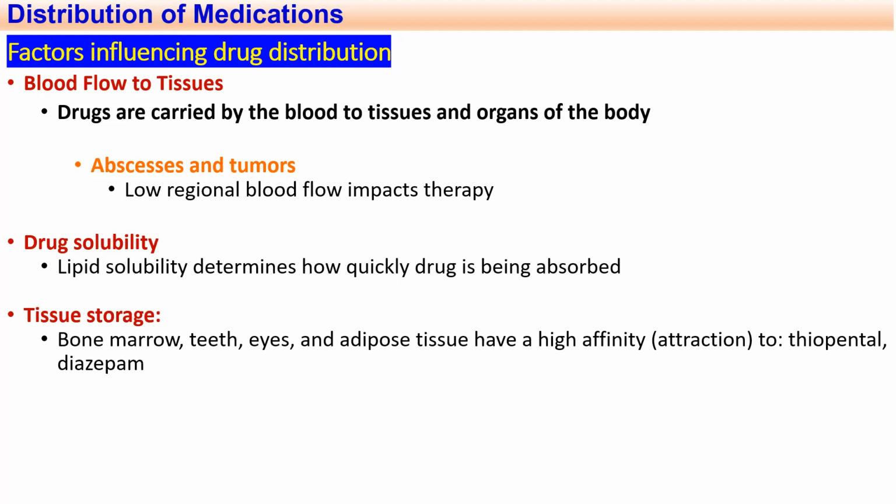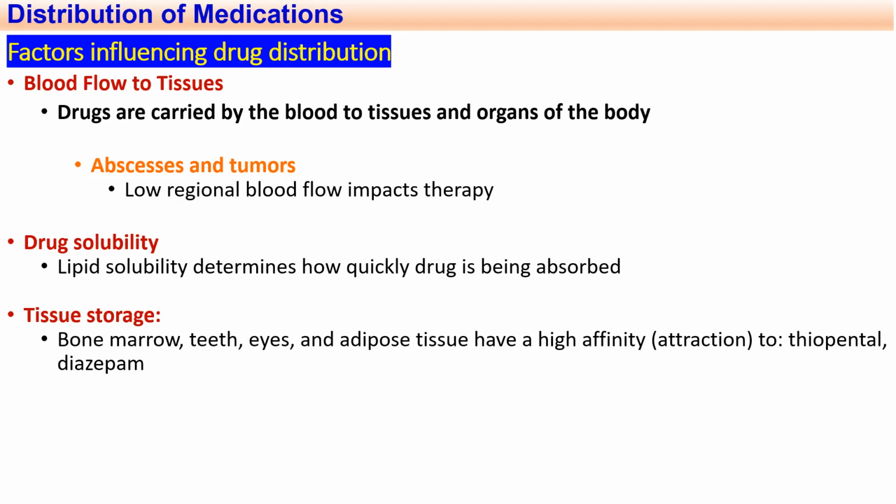For example, the bone marrow, teeth, eyes, and adipose tissue have high affinity and attract drugs to these organs or tissues. For example, thiopental, diazepam, and lipid-soluble vitamins have a tendency to be stored in these tissues.